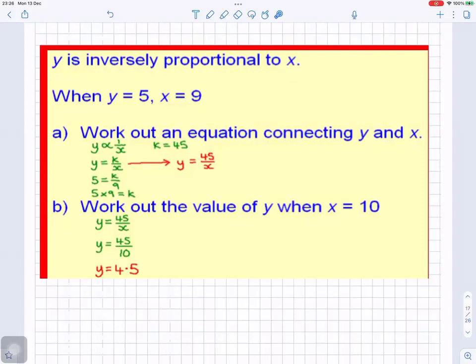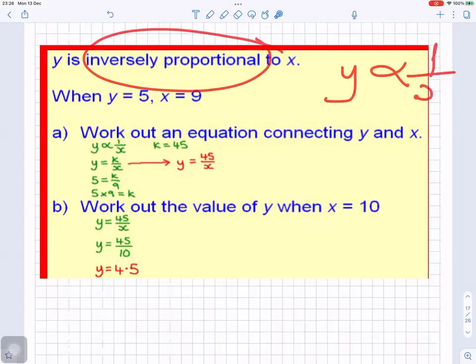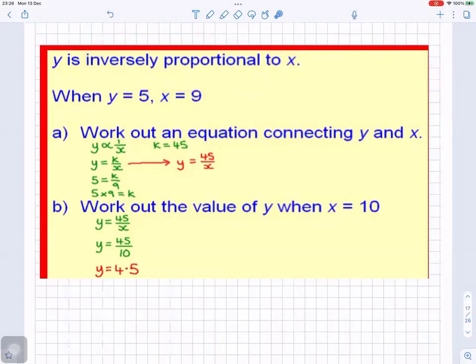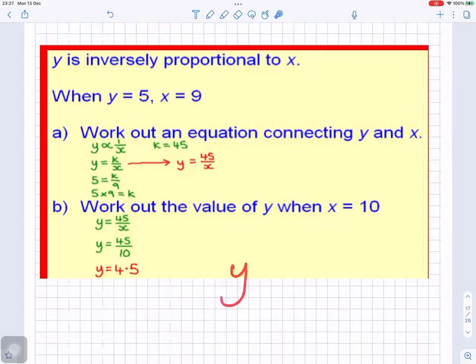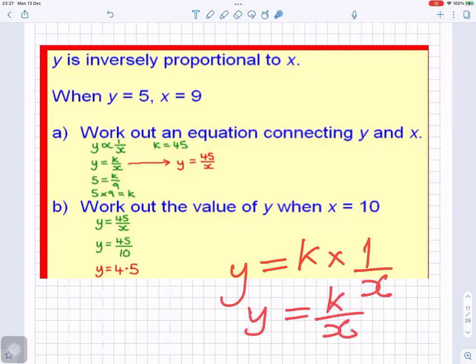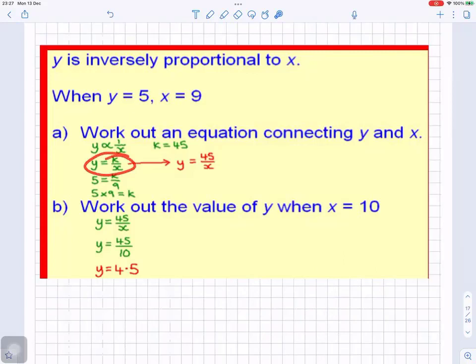Work out an equation connecting Y and X. For inversely proportional, we will write it as Y, use the alpha, inversely proportional to X. Inverse of X is 1 over X. And we replace the alpha with equals K. So Y is equal to K times 1 over X, which is Y equals K over X. So you write it as Y equals K over X.